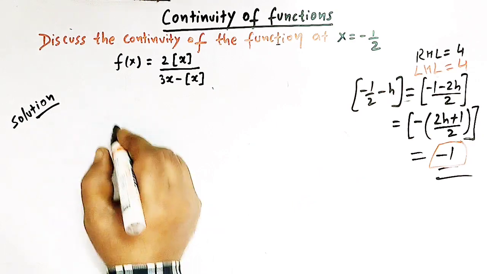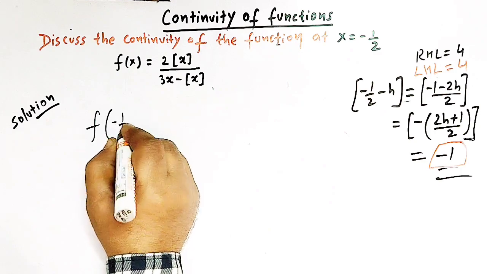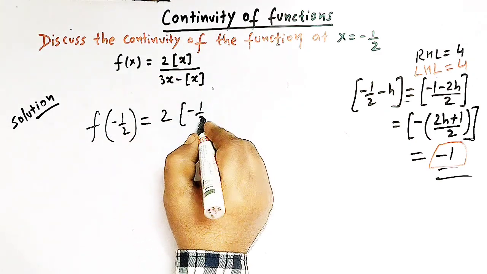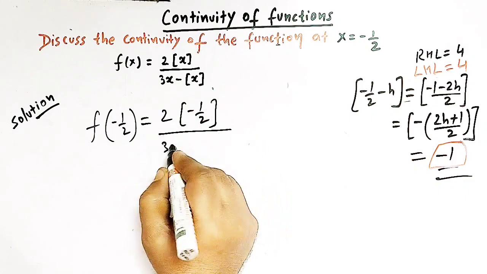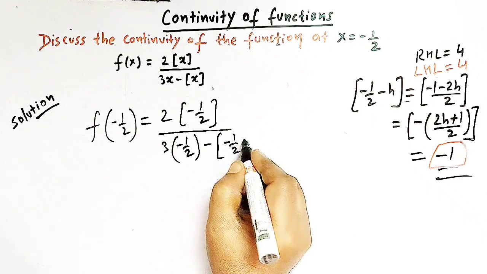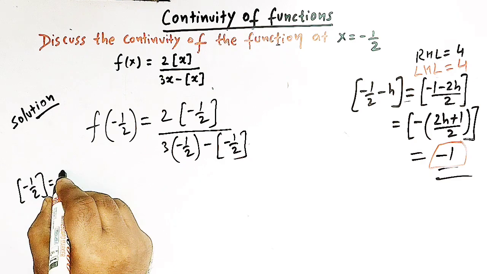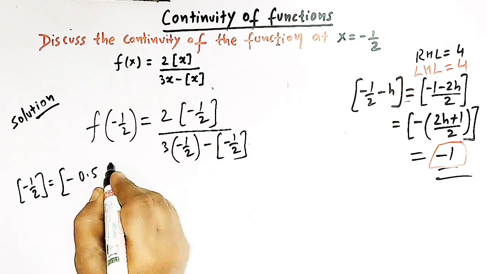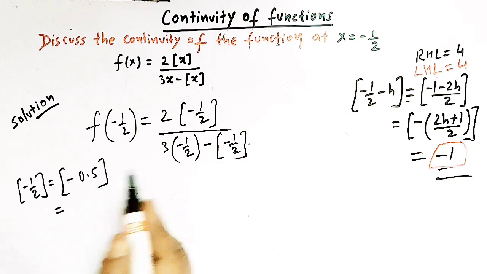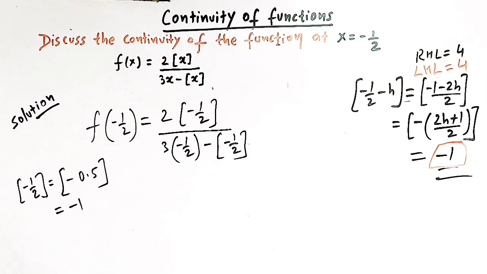So now let us find the value of the function at this point, that is minus half, right? So we have 2 times minus half, and then we have 3 times minus half, and here we have the greatest integer of minus half. Now the greatest integer of minus half, that is minus 0.5, due to the definition of the greatest integer function is minus 1.